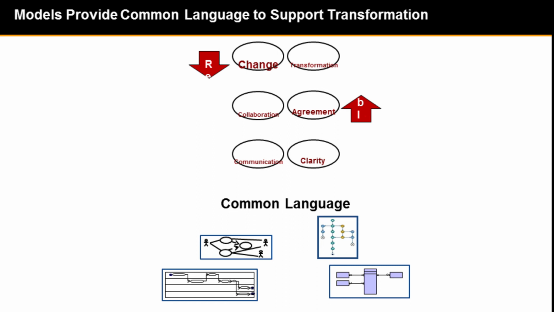basically, the concept here is that we're highlighting the need for modeling and modeling techniques so that you actually can establish the change and eventually are able to collaborate and communicate through a common language that will provide you clarity and enable you an agreement and eventually transformation.